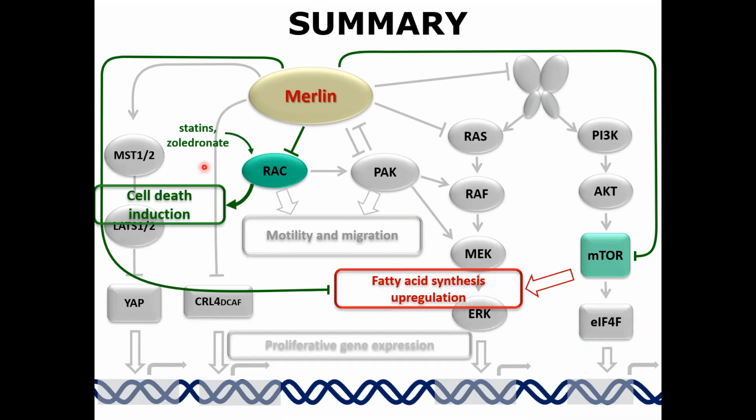And also we found that when removing RAC1, the active RAC1, from the cell membrane, we can also cause cell death induction. So at least 2 novel targets discovered, and that's the way for future investigations. Genetics rules.